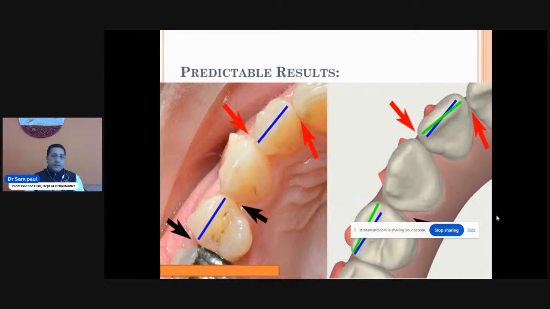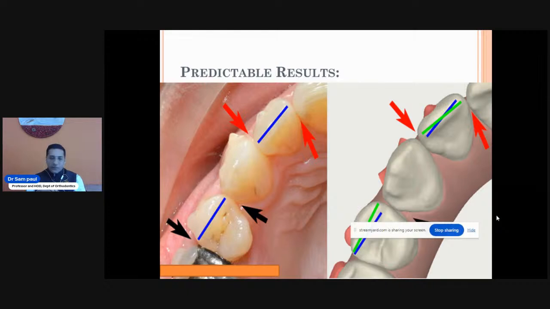And again, predictable results. If you have undergone orthodontic treatment, when you first come to the orthodontist, you ask the doctor, everything will be okay, will I get a good smile? Of course, we all say, of course, you will get a good smile, but still, that is a predictable result. Like we are trying our best to get a good result and a good smile for the patient.